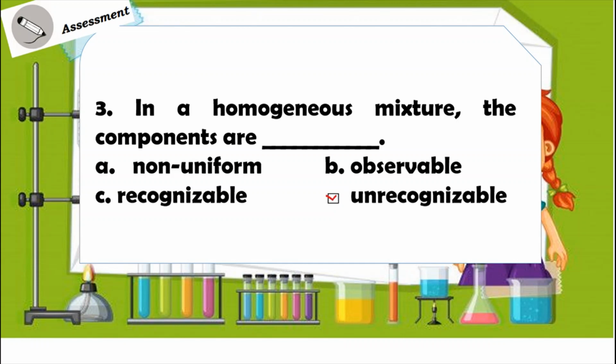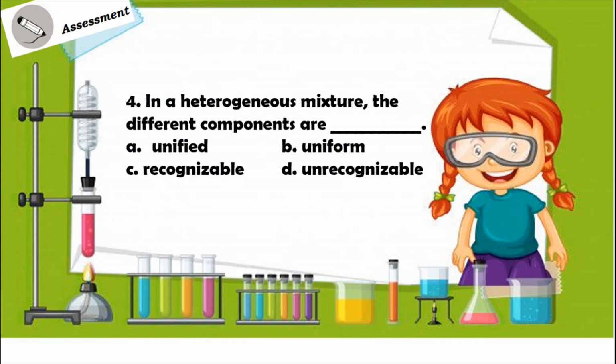So, di na ninyo maklaro kung asa dito ang substance ng inyong gisagol. Number 4. In a heterogeneous mixture, the different components are A, unified. B, uniform. C, recognizable. D, unrecognizable. Answer is letter C, recognizable.